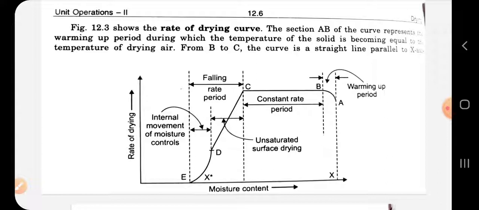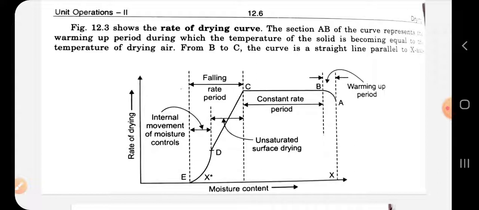Here the rate of drying decreases gradually as the solid keeps on drying. The rate of drying decreases for the unsaturated portion of the solid. This section, section CD of the curve, represents the period where a zone of unsaturated surface drying is occurring.